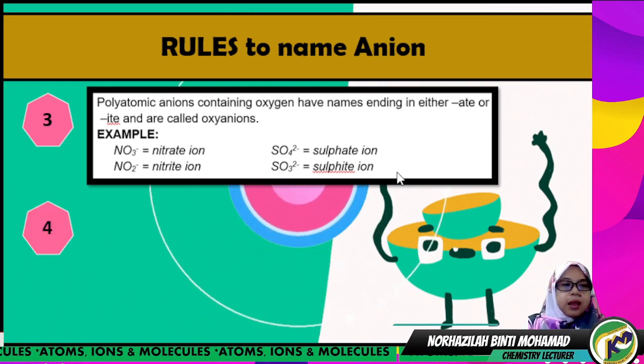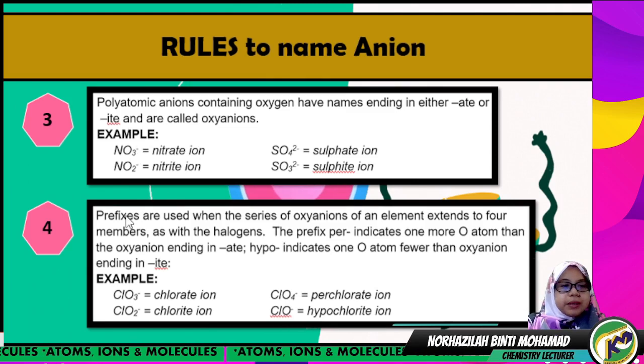Okay, 4. Prefixes are used when the series of oxyanions of an element extends to 4 members, as with the halogens. So we take the halogens for this example. The prefix per- indicates one more oxygen atom than the oxyanion ending in -ate.